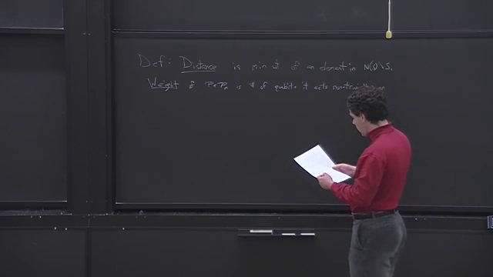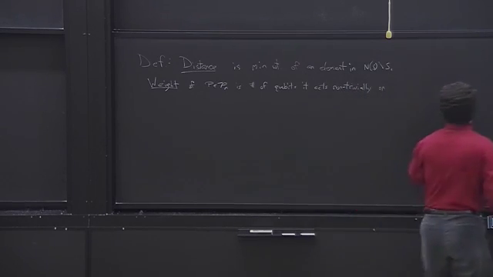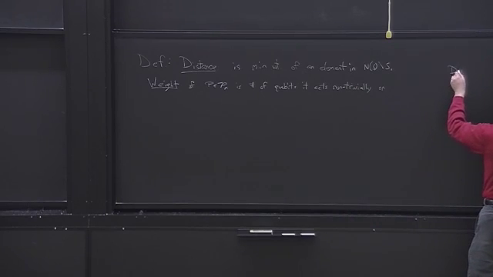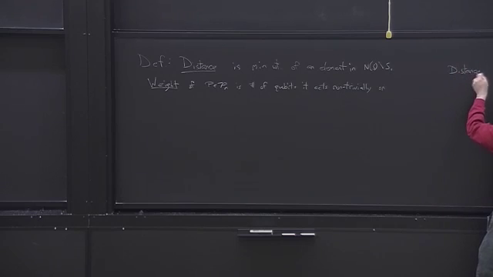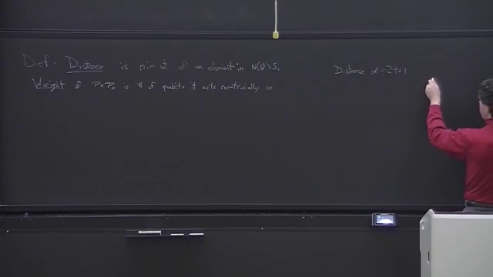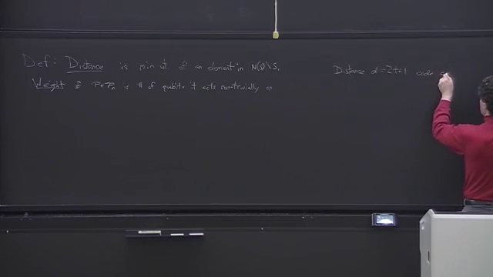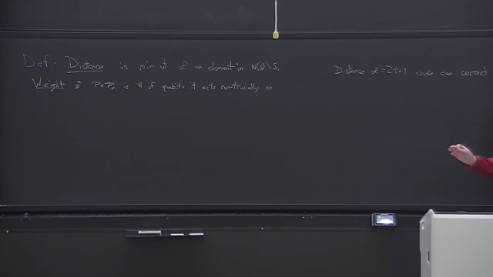And in particular, notice that for a distance d code, if d is equal to 2t plus 1, then the code can correct t errors. So why is that? Well, just apply that theorem up there. So you want to correct t errors. So the set, cursive E, consists of all Pauli errors of weight up to t, right?